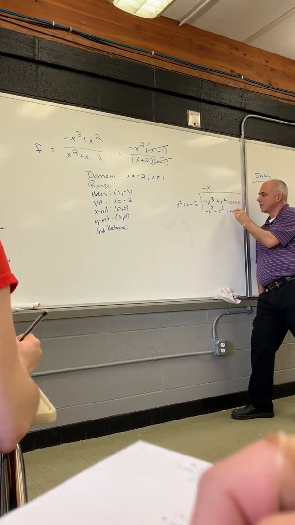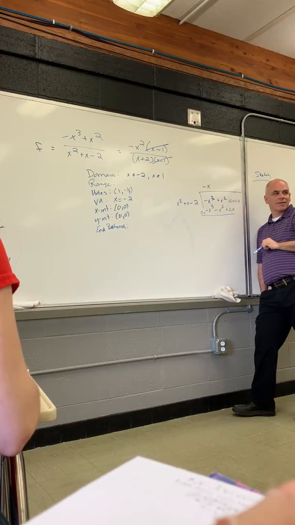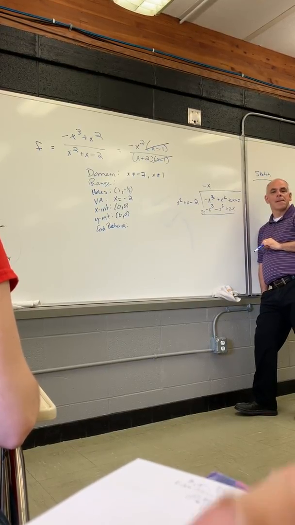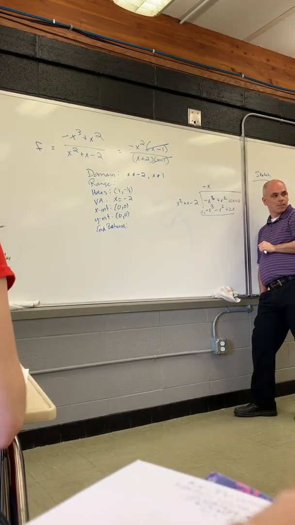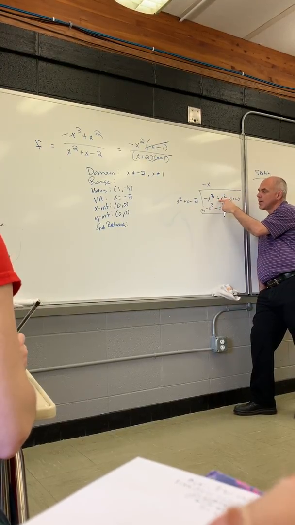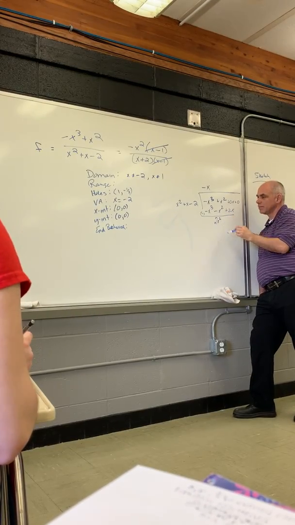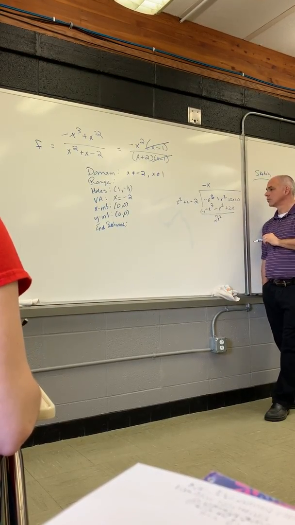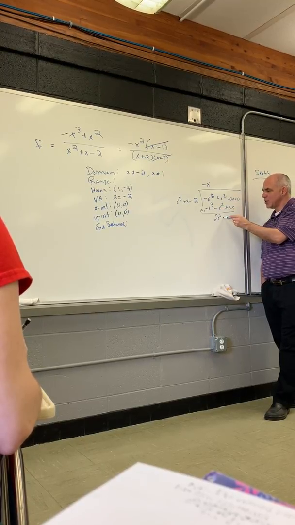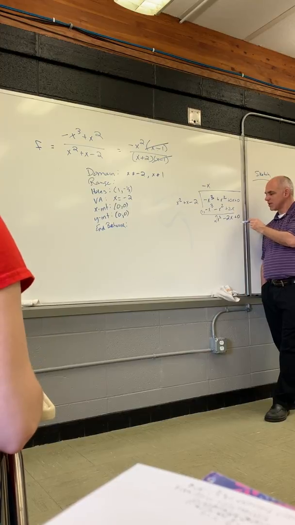Negative x times negative 2, positive 2x. And when you divide, you subtract the 2 lines. So if I subtract those, they add out. 1 minus negative 1 is 2, so 2x squared. 0 minus 2, negative 2x.